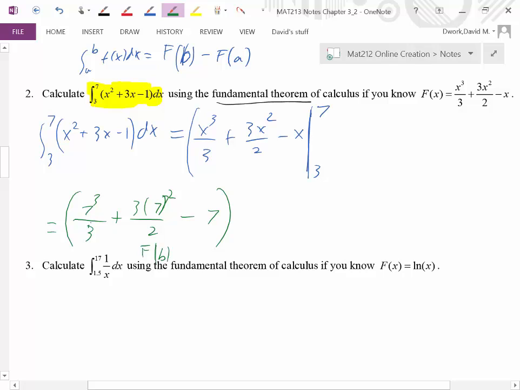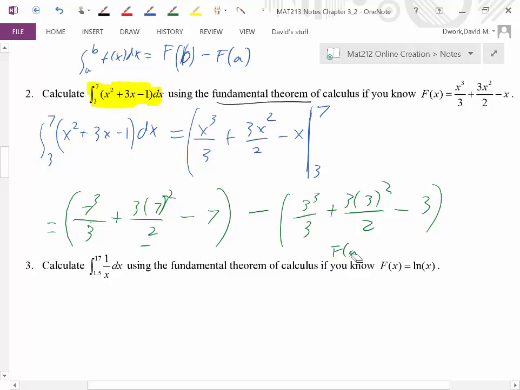I've substituted in my high amount. Now I need to subtract my low amount substituted in. So that'd be 3 to the third divided by 3 plus 3 times 3 squared divided by 2 minus 3. And so this would be my F of a. So I have my high substituted in my capital F minus my low, or my end minus my start.